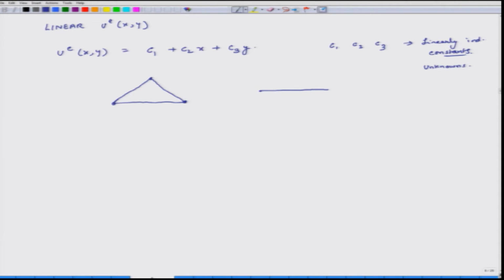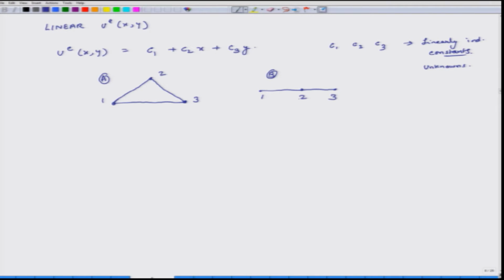Someone can also say that to find these three unknowns, this is node 1, 2 and 3. So, this is option A, this is option B. Here I have 1, 2 and 3. Here also there are 3 points.